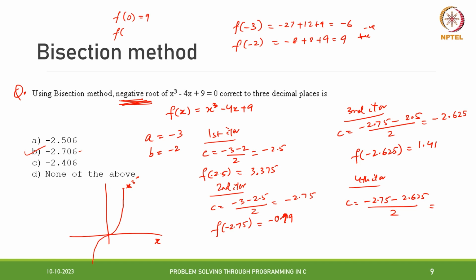If I write f of x equal to minus of 4x, it would be something like this, and plus 9, whatever. Now we just need to add up these two curves. So this is y equals minus of 4x, this is y equals x cube. Now we add up these two and shift it by 9. Currently they will meet only at x equals 0, right?